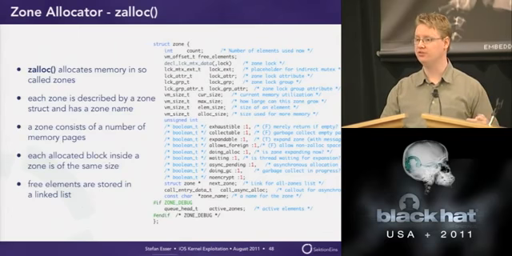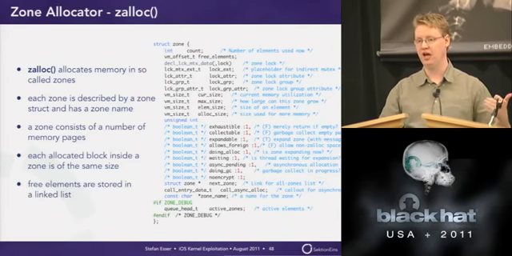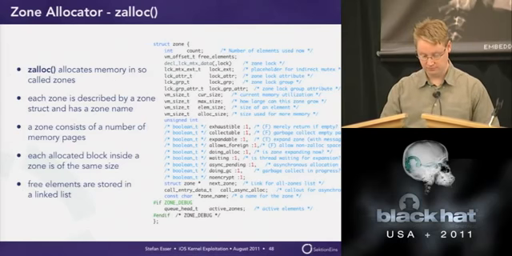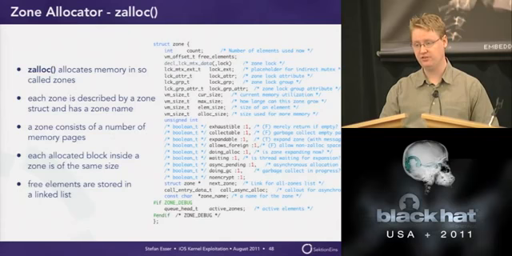The other thing about zones is that each element you allocate in a zone is of the same size. So when a zone is created, you say every element in here is like 128 bytes. And the other thing is when you free something in the zone, it's put to a free list that is started with a pointer inside the structure.